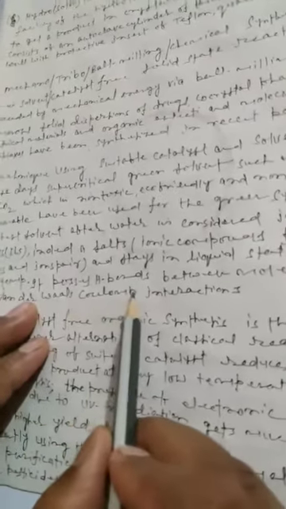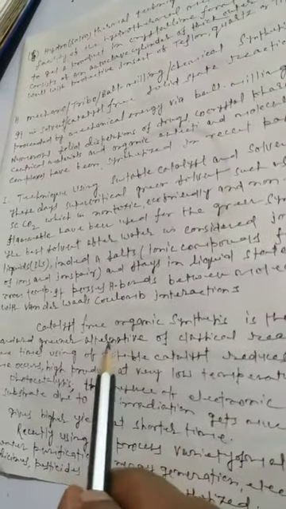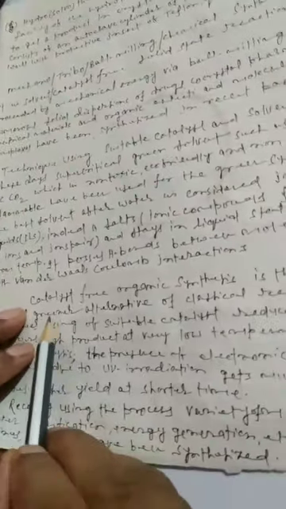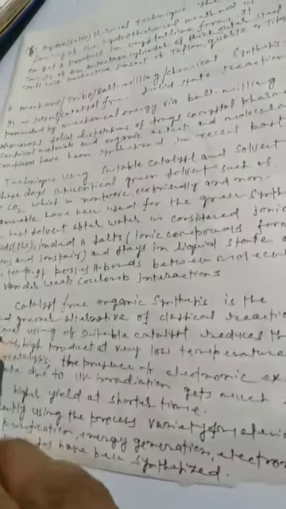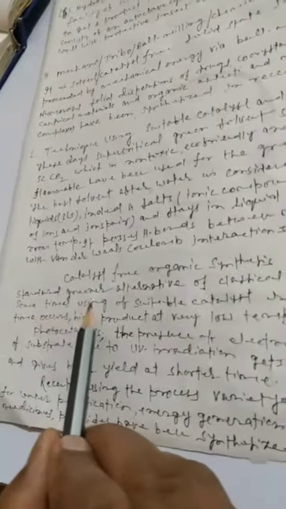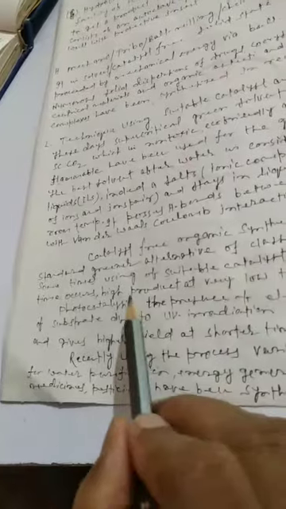It possesses the hydrogen bonding between the molecules with the van der Waals interaction, and this catalyst, suitable catalyst, that may act as the photocatalyst. So the catalyst free organic synthesis is the standard greener alternative of the classical reactions.